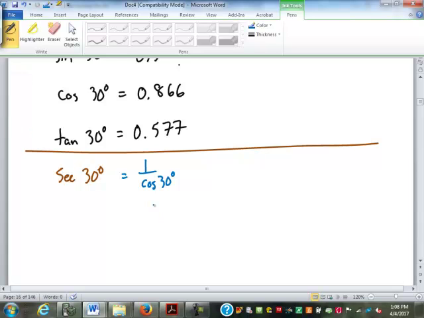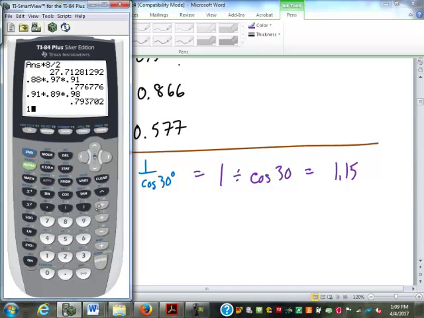We do 1 divided by cosine 30, which would work. 1 divided by, press the cosine, and then 30 degrees and hit equals. Should give us 1.155.